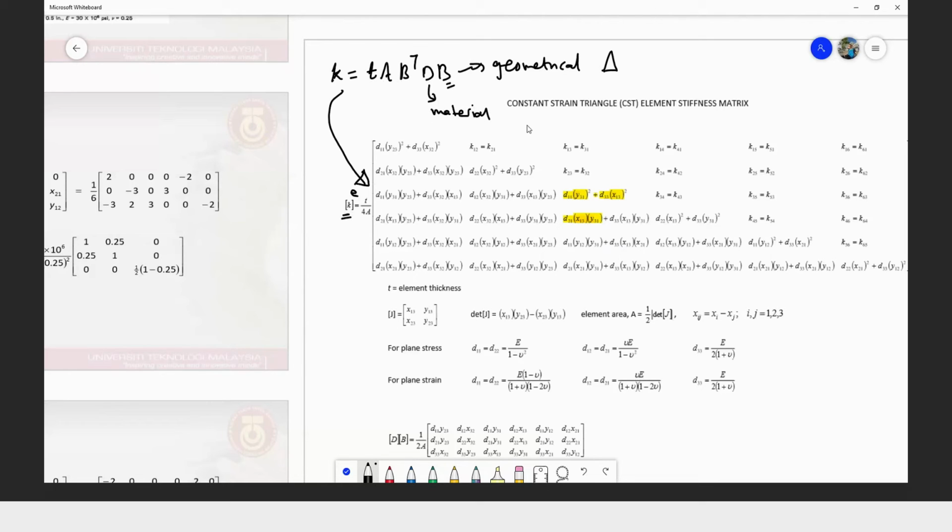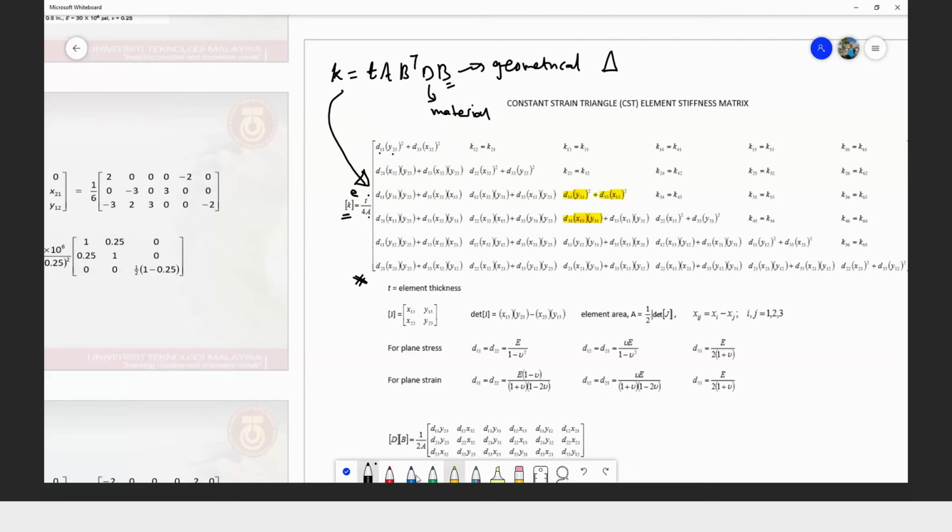So if we look at this matrix, we have D, we have A, which refers to the material information, and then we have the geometry information y23, x32, in all elements in our matrix.